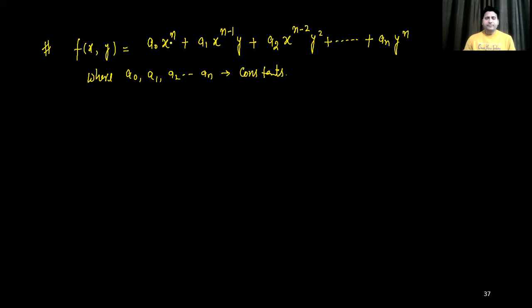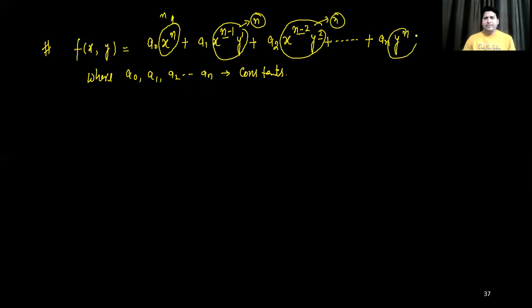Another thing, I am going to calculate its degree. The degree of the first term is n. The degree of the second term will be n minus 1 plus 1, so this is also degree n. The degree of the third term is n minus 2 plus 2, that is n.